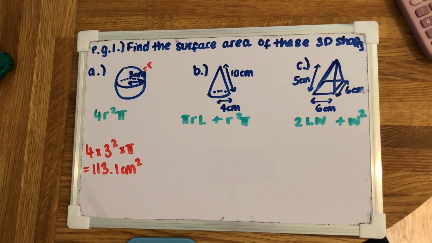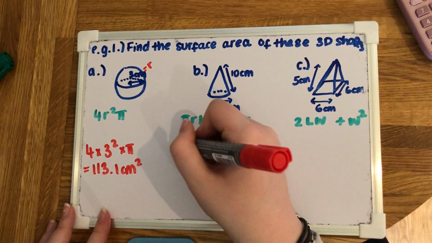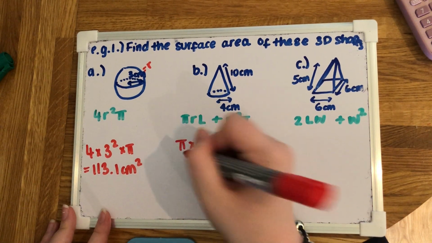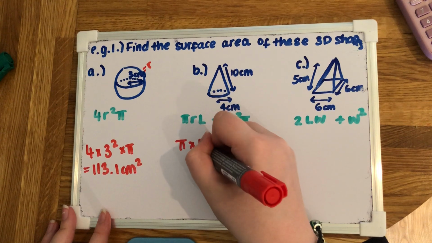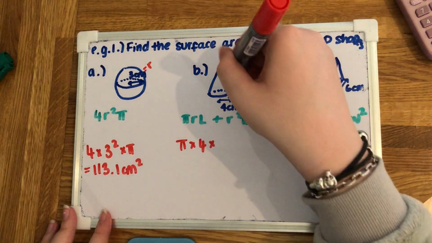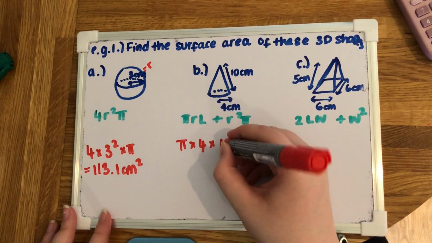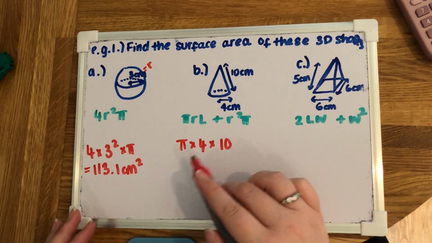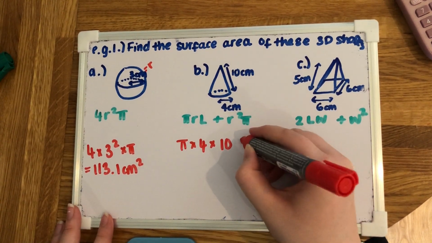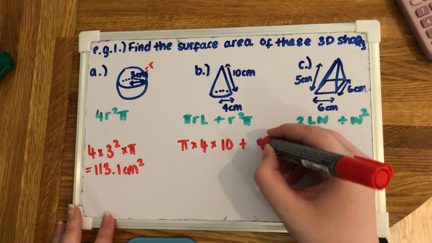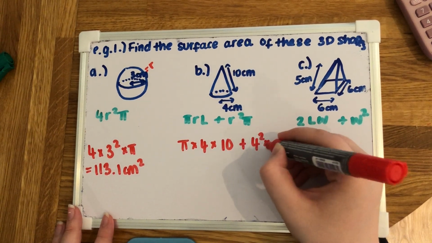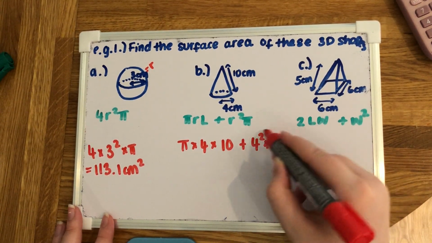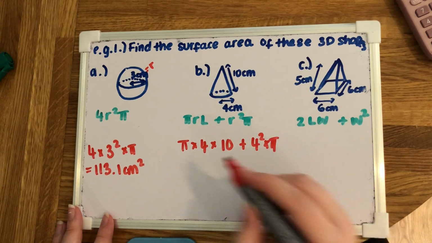For the next one, we're doing pi times the radius, which is 4, and L, which is this diagonal here, is 10. That's the curved section. We then need to add on the area of the base, so that would be 4 squared times pi, which is just the formula for the area of a circle.